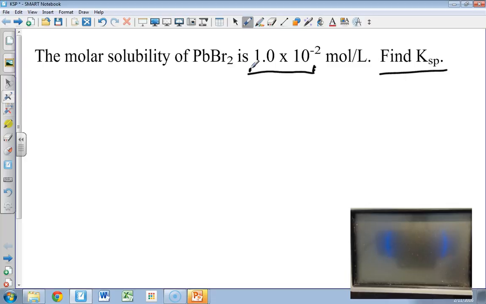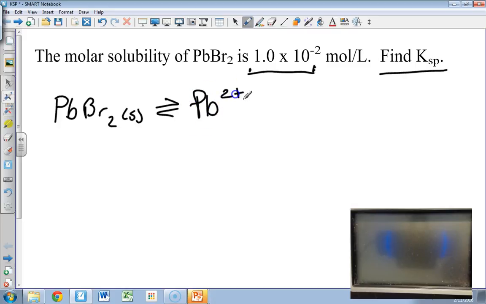So let's write a balanced chemical equation. Okay, so we get PbBr2 solid is in equilibrium with Pb2+ plus 2Br minus. Now, these two things are aqueous.